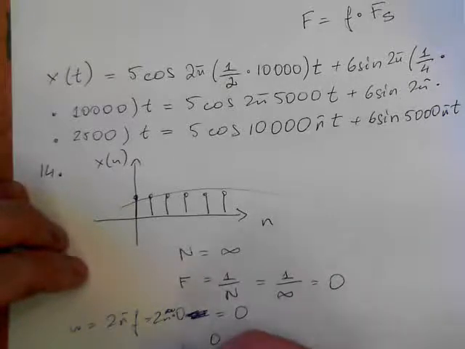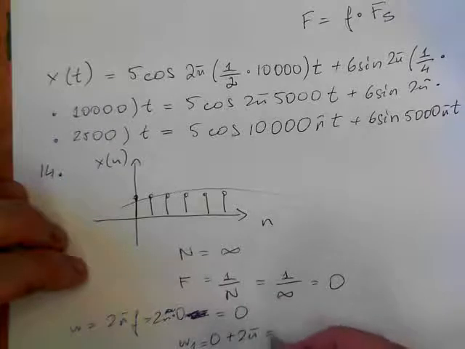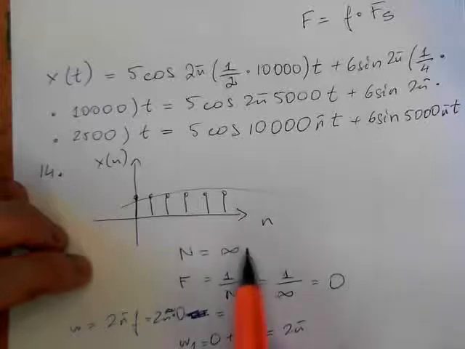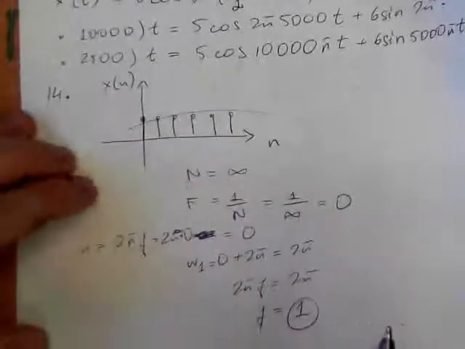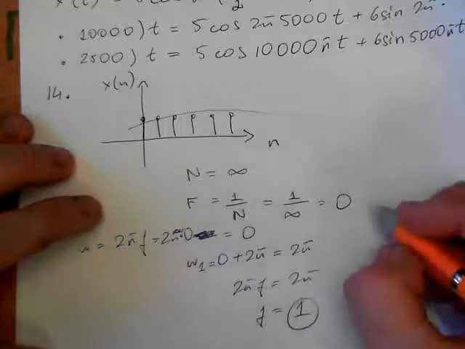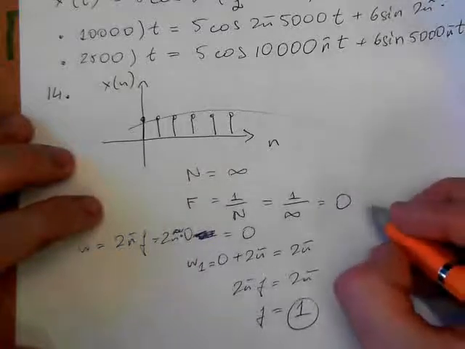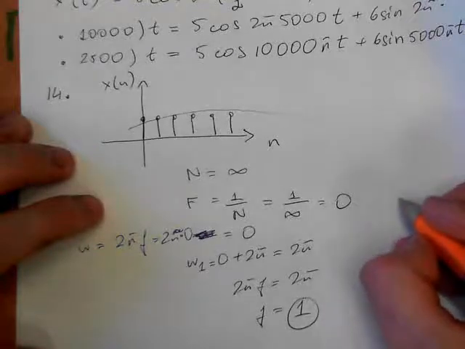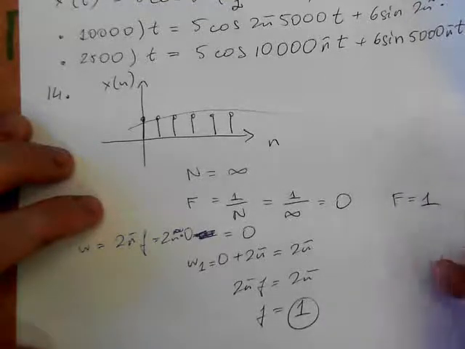So omega 1 plus 2 pi, it can be 2 pi, and 2 pi refers to f that is 1. So basically this signal has the frequency of 0, and also the frequency of 1.